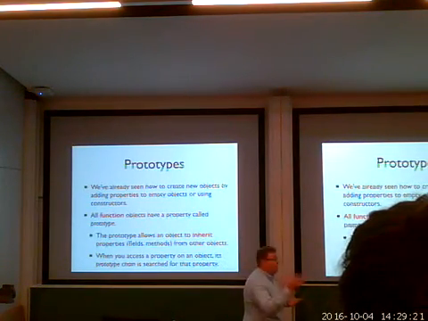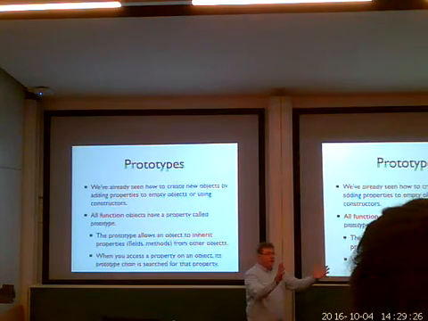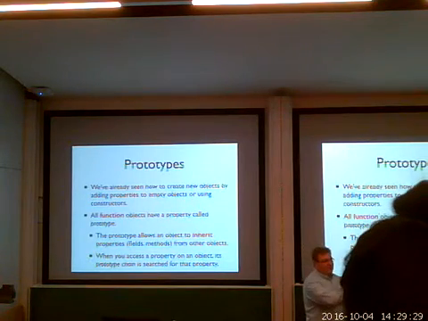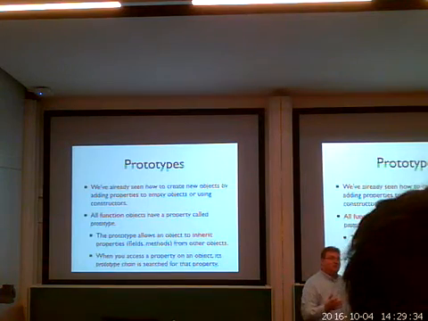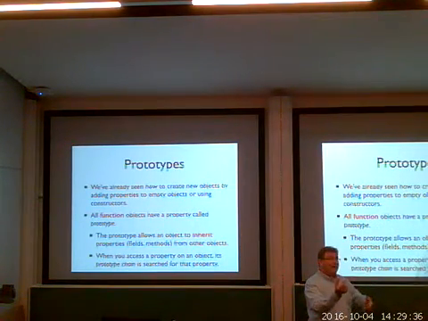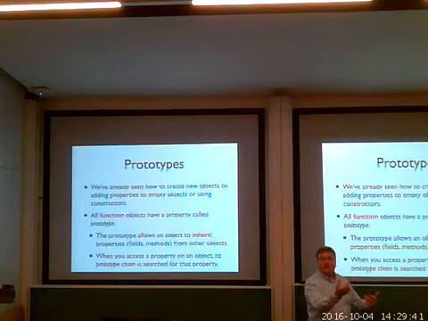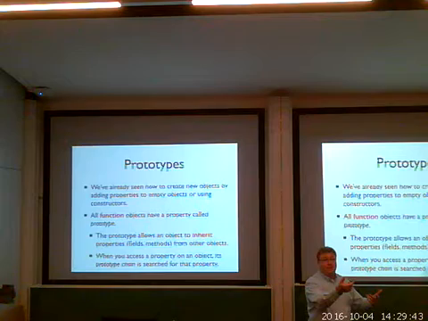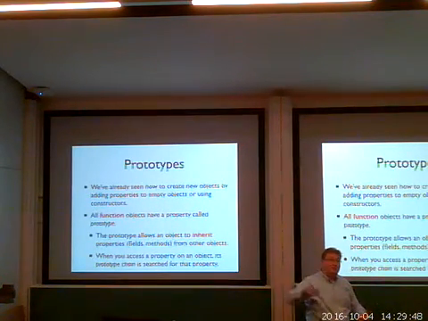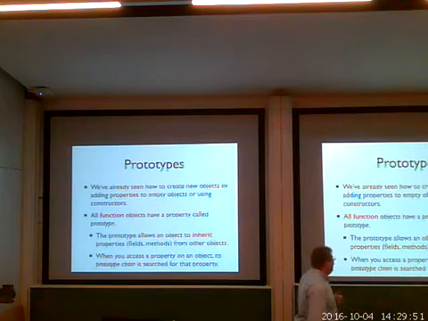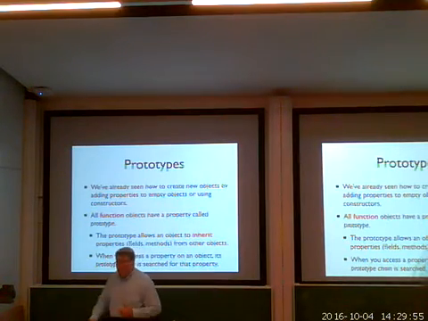And you can inherit fields, you can inherit methods. When you've got an instance of an object, and you say, I don't know, object.a, internally, JavaScript will look for an a property in your object. If it doesn't find it, it'll go to your object's prototype and look for an a property. If it doesn't find it, it'll go to that object's prototype. It'll search the entire prototype chain for that property. And if it doesn't find it, it'll return undefined. But if it does find it, it'll return it.